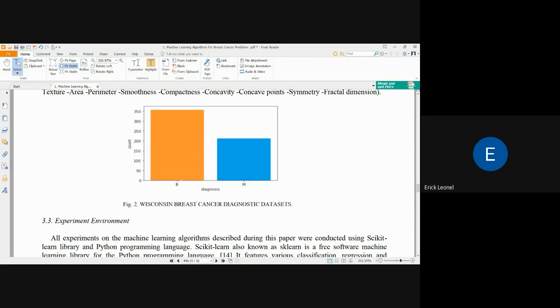Breast cancer Wisconsin diagnosis has 569 instances, benign 357, malign 212, and two classes, benign and malign, and 11 integer valued attributes.